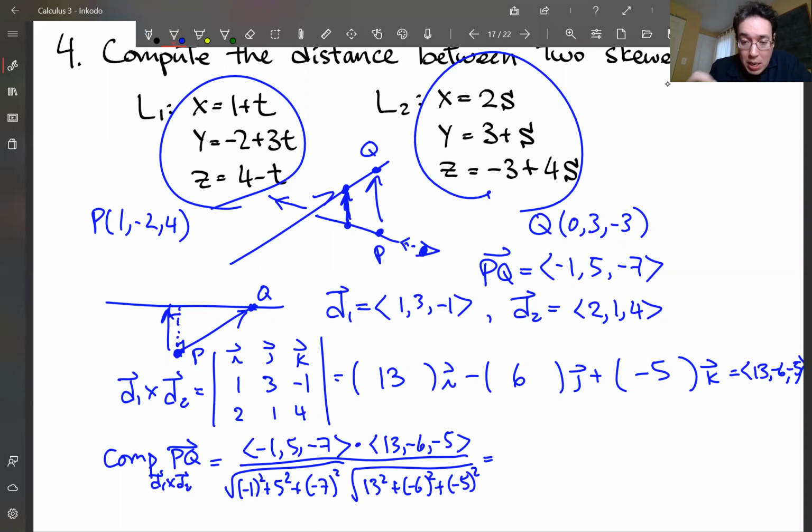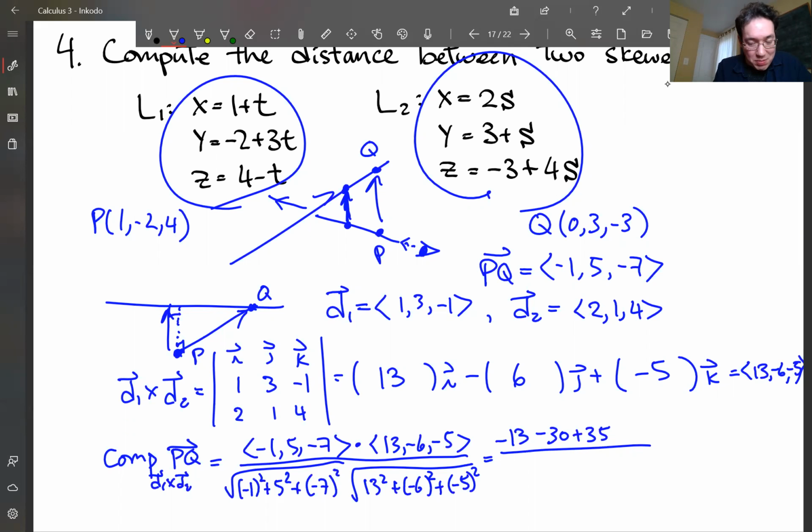Okay, so the numerator is going to be negative 13 minus 30 plus 35. There's no way I don't need a calculator for this.